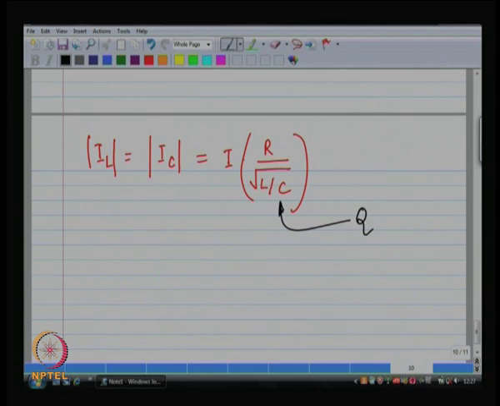The square root of L by C, are you reminded of something from the previous lecture, from the previous module about characteristic impedance? Yes. So, the square root of L by C, this number is somewhat related to the characteristic impedance. So, it has units of ohms and it could be something like 50 ohms, in which case if I choose R to be 5 kilo ohms, then I have got a Q of 100.